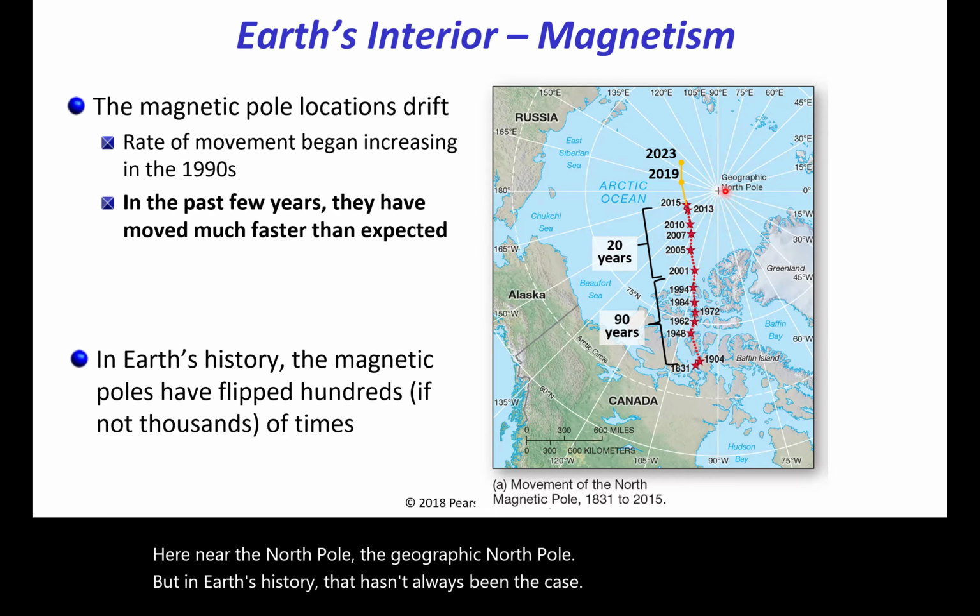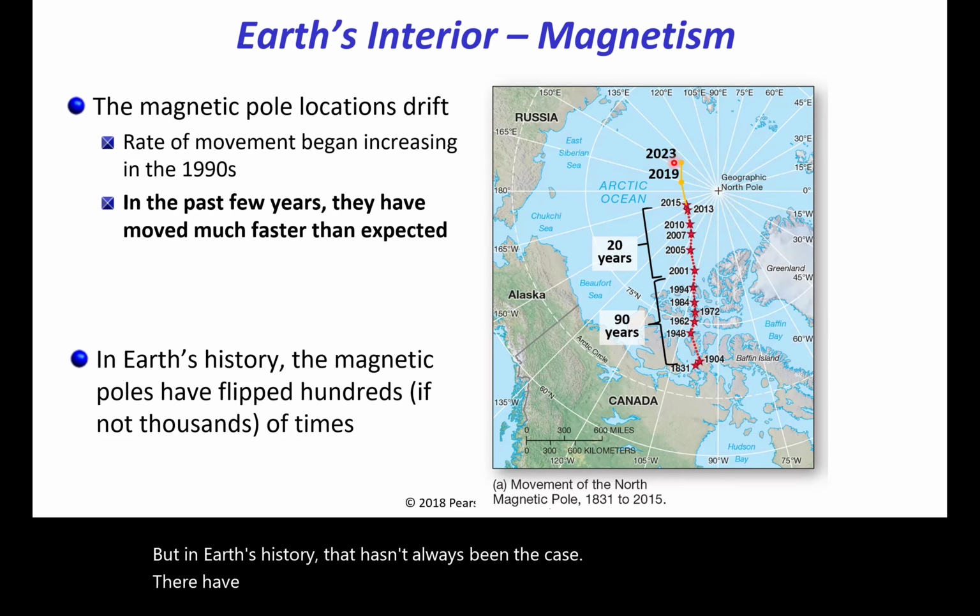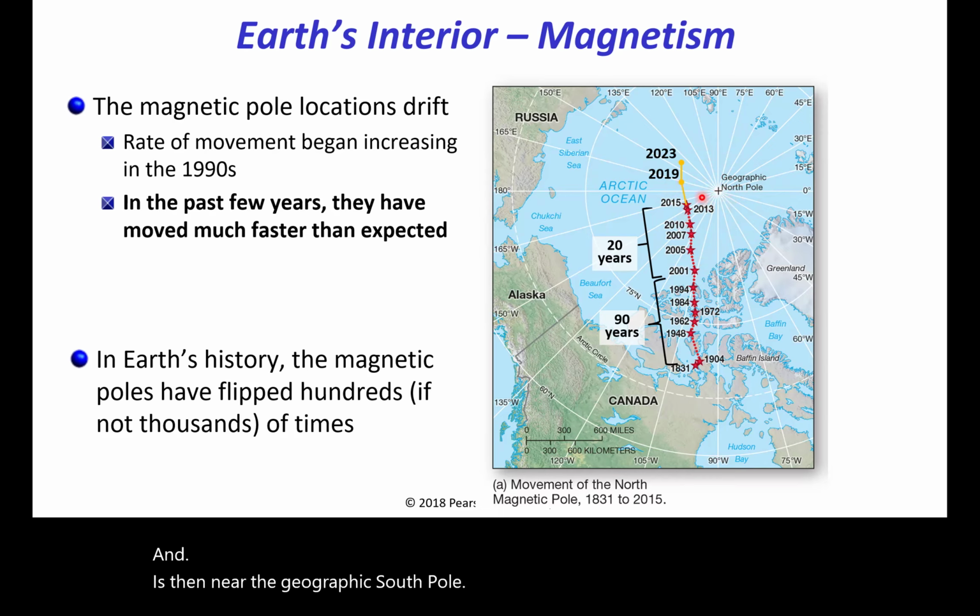There have been times where the magnetic North Pole has flipped and is then near the geographic South Pole, and vice versa, where the South magnetic pole was near the South Pole, it flipped to be up near the geographic North Pole, right?